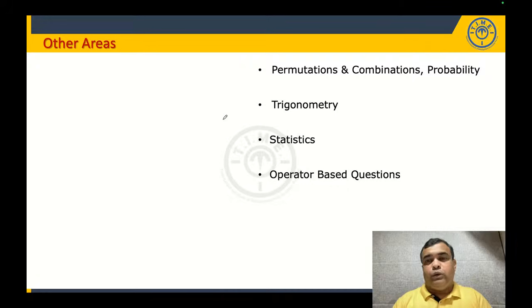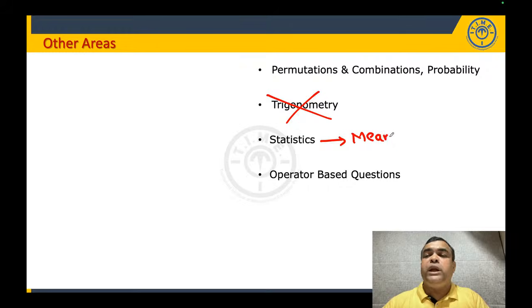Other areas now: permutation combinations. Trigo at this stage, I'll say you don't know. Those who haven't done Trigo in 12th, or after 10th, don't worry about that. Statistics: you just need to know the meaning of mean, mode, median.